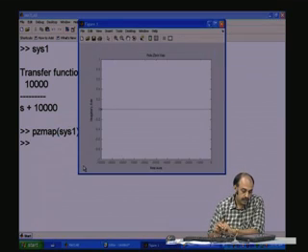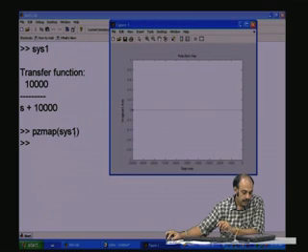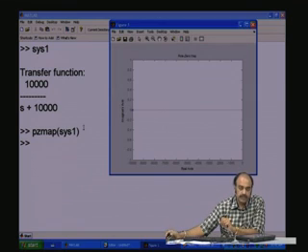You see that in the earlier session when we did the pole zero map, we had given the state equation as the input, the A, B, C, D. But you have the transfer function model, you can give the transfer function model also. So, sys 1 is the transfer function model. We are given what is the pole zero map of the transfer function model. So, you see here there is one pole at minus 10,000, which is minus 1 by RC, no zeros.